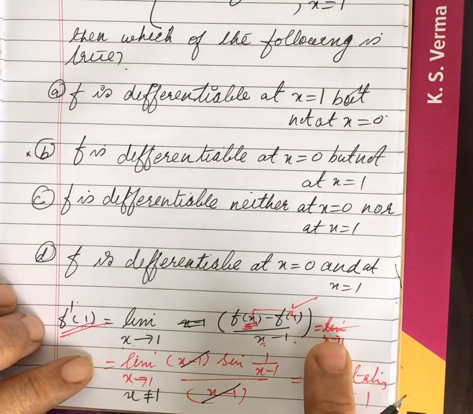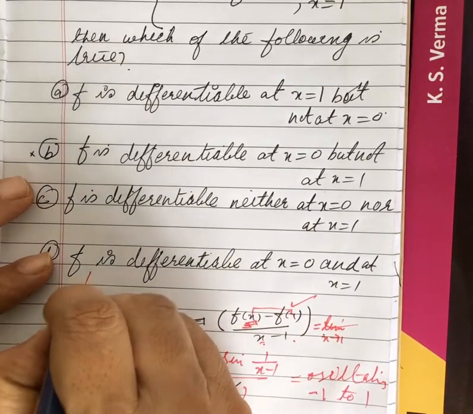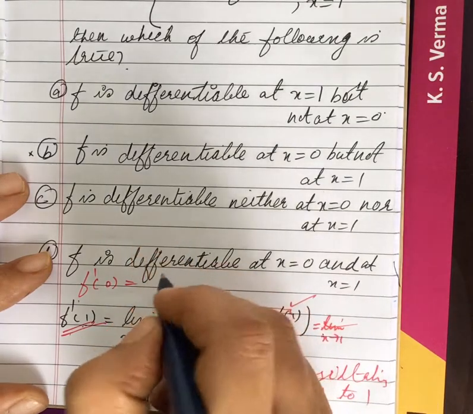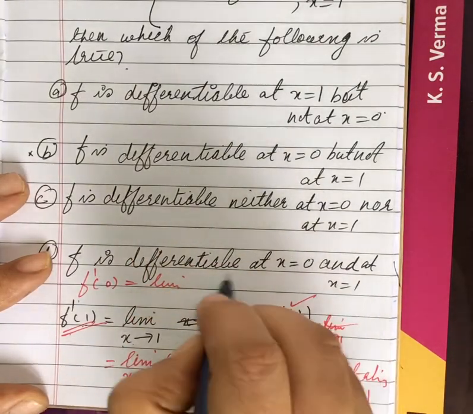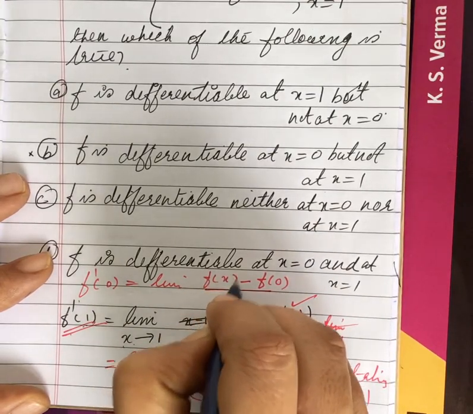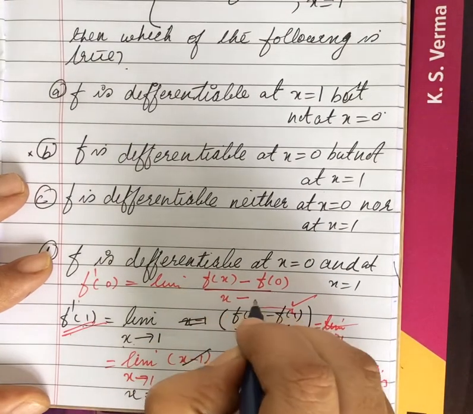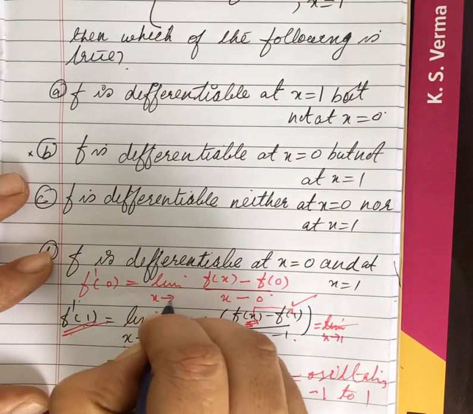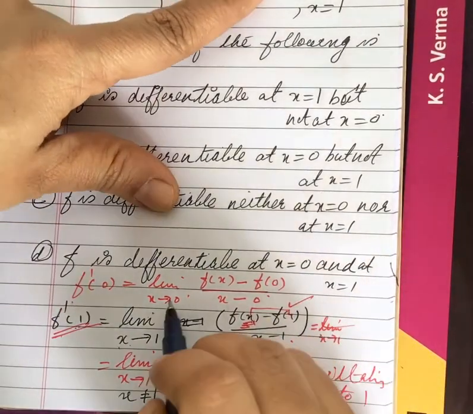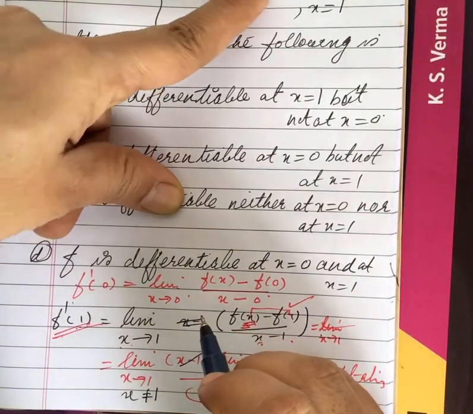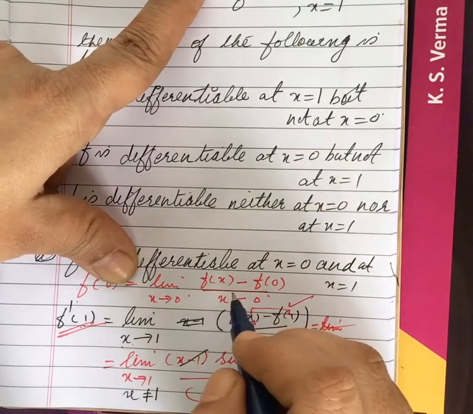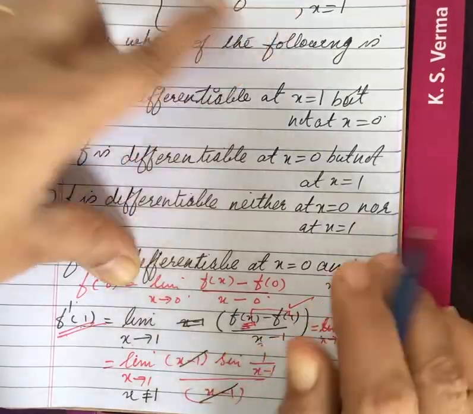Then what about x equal to 0? So f dash 0 is, what will be that limit? F dash 0 means here it will come f of 0. Here you can write it as f of x divided by x minus 0, and x tends to 0. So what is f of x? This is f of x. As x tends to 0, you are getting a fixed value. When you put x equal to 0 here, you get minus 1 sine 1 by 0 minus 1.